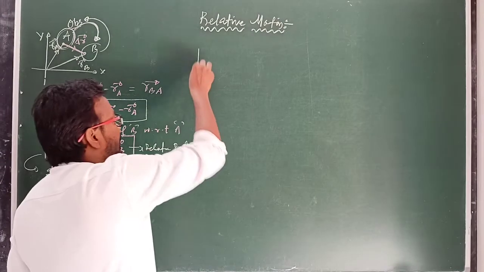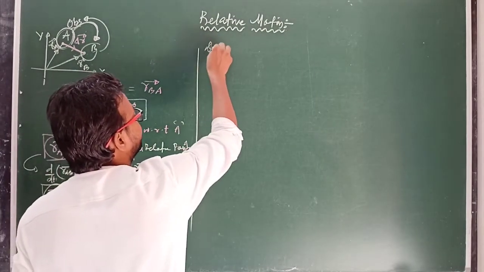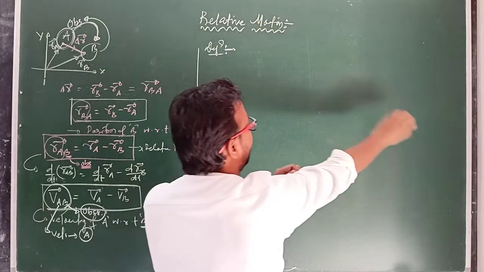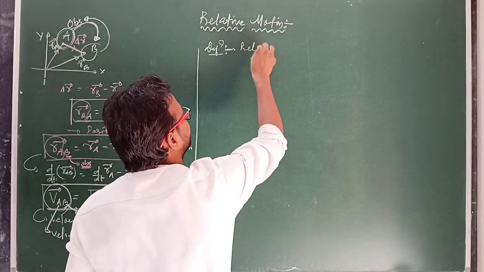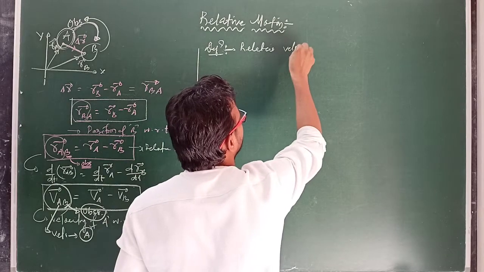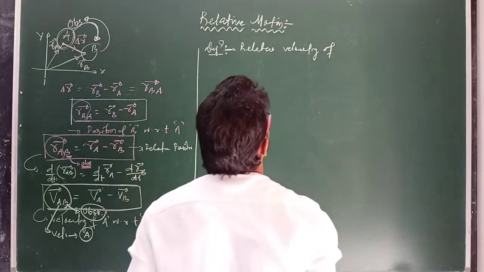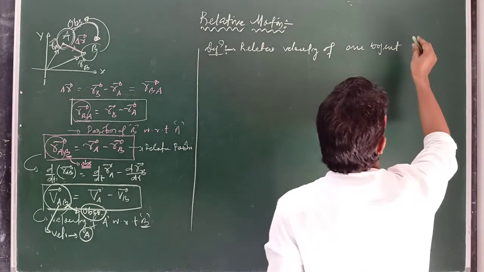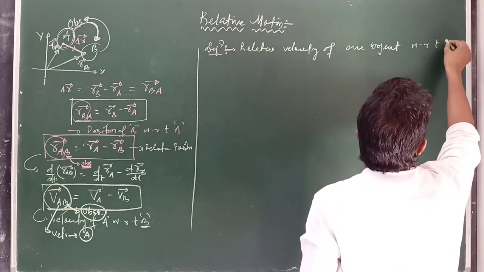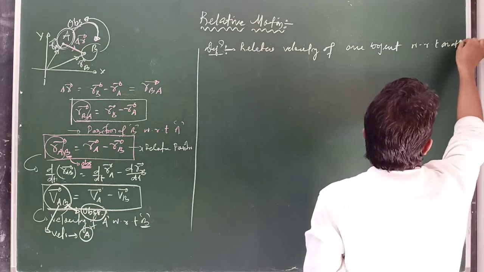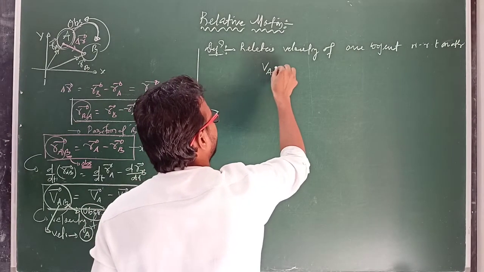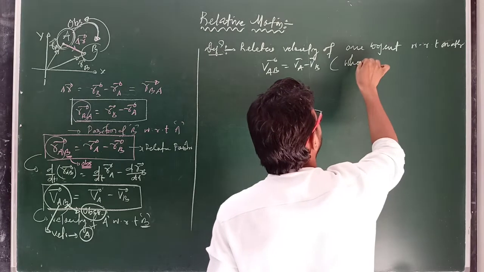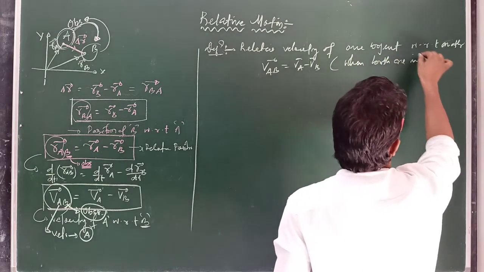Clear? So if you want to write the definition of relative velocity, relative velocity of one object with respect to another can be written as VAB equal to VA minus VB, when both are in motion.